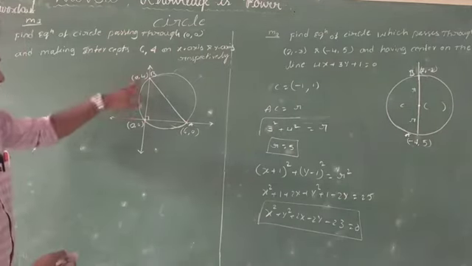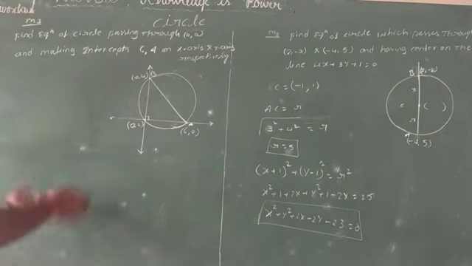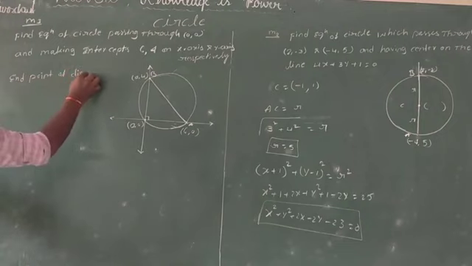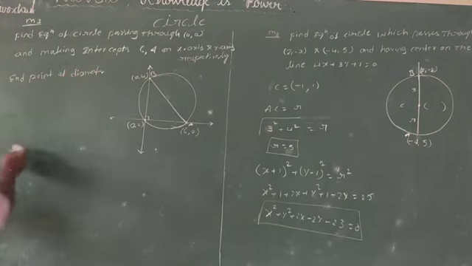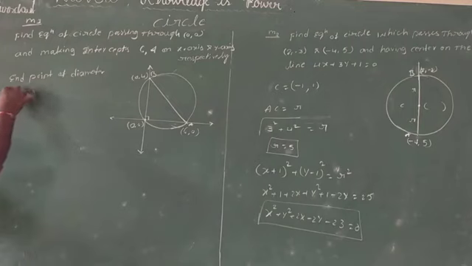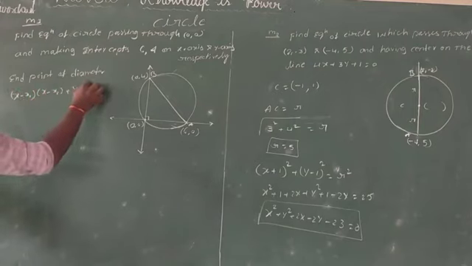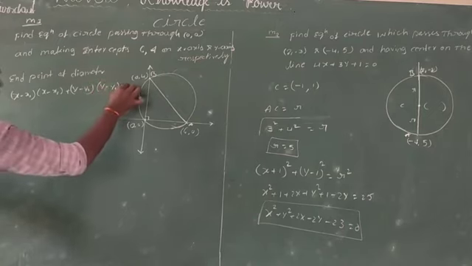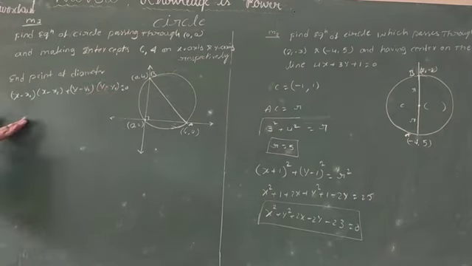Then we know the formula for the end points of the diameter: x minus x1 times x minus x2 plus y minus y1 times y minus y2 is equal to 0. By using this formula, you can definitely find the equation of the circle.